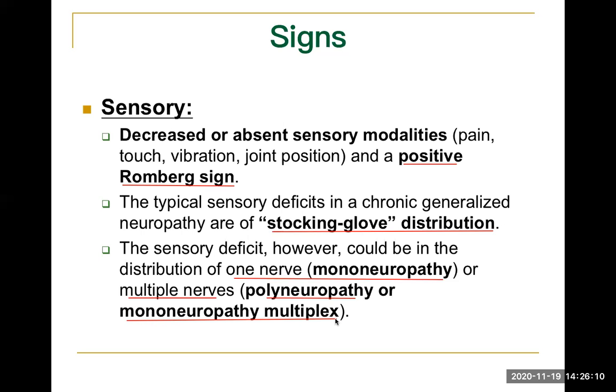For example, in the lower limb, the common peroneal nerve may be affected. In the upper limb, the median nerve may be affected. And in the head and neck area, the great auricular nerve may be affected. Some diseases may specifically involve this type of nerves. Polyneuropathy is a more generalized type of involvement.